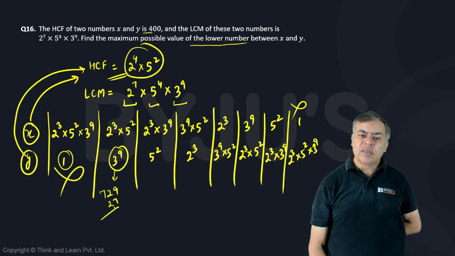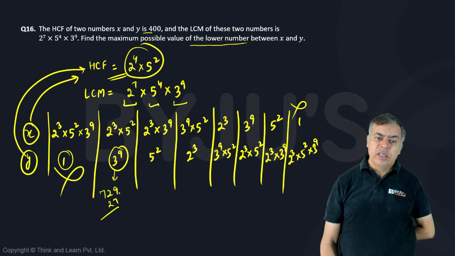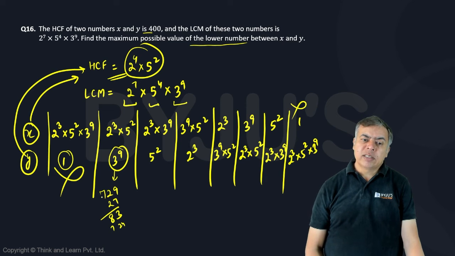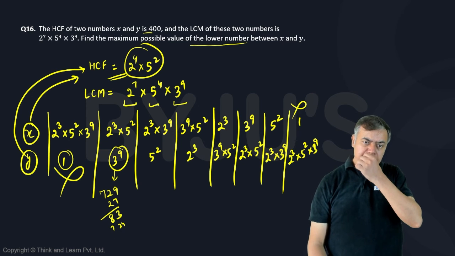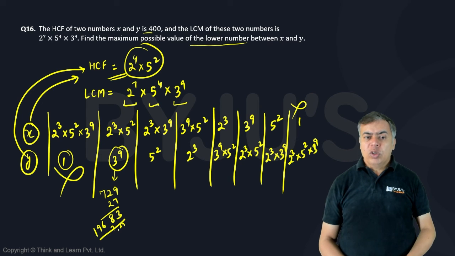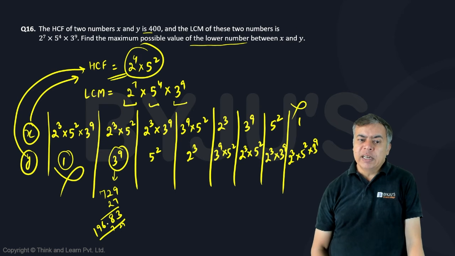So 27 into 9 is 243. 27 into 7 is 189, 189 and 7, 196. So here we have this value as 19683.